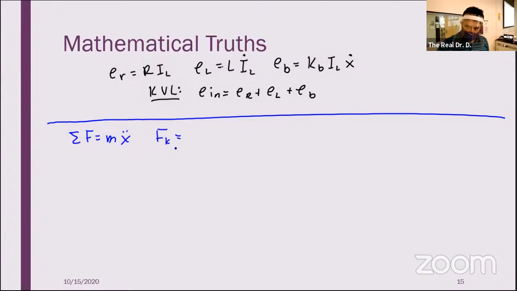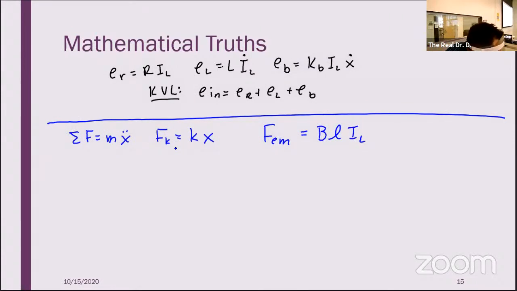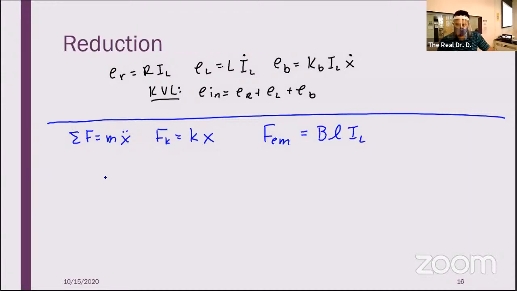I've got my spring force is kx, and I've got the electromagnetic force is equal to B times L times I sub L. So electromagnetic force is dependent on the field strength, the amount of wire that I have, and the current that's being stored in the inductor. That's it. We should be good to go.